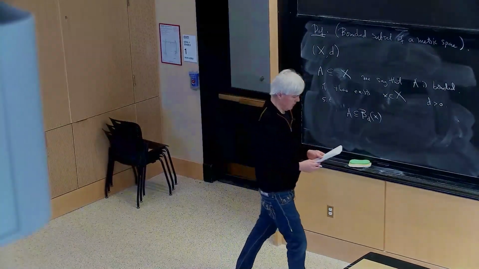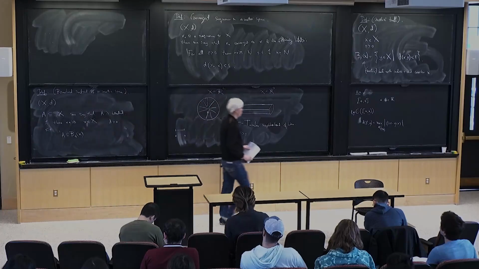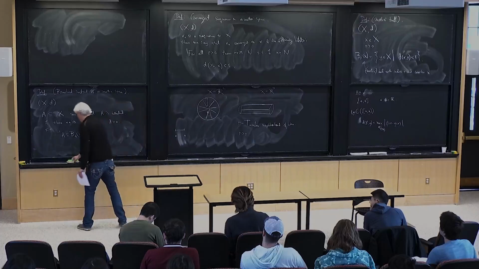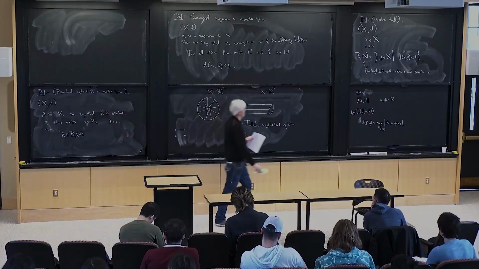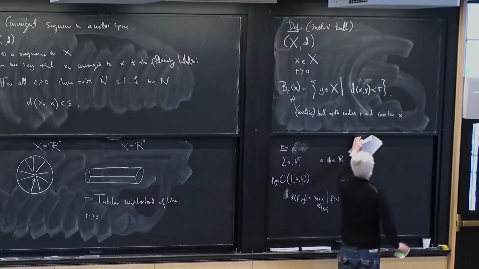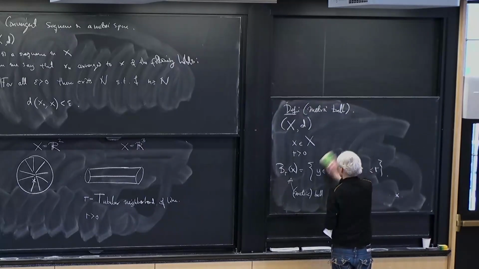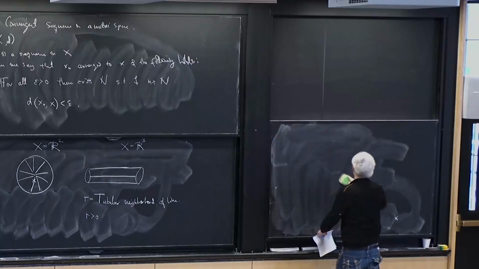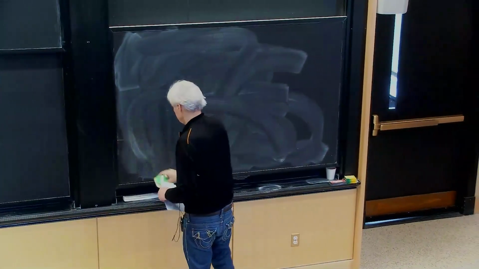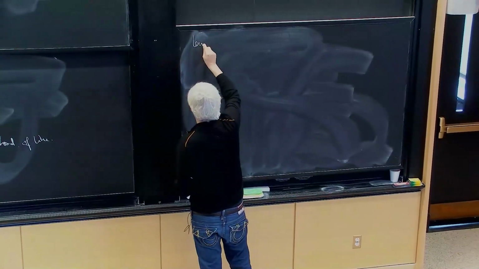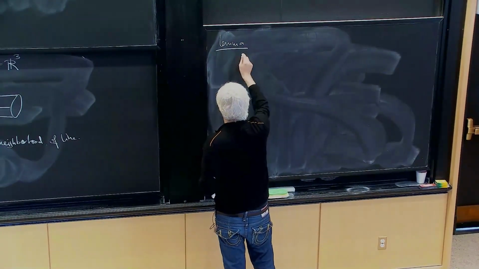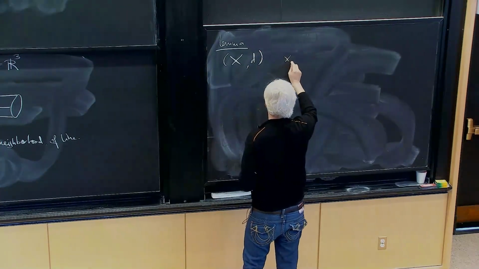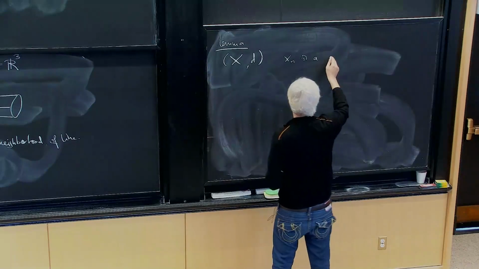Okay, so now let me just prove one little lemma, that is another thing that generalizes from R, and that is that any Cauchy sequence is bounded. So let's prove this. We have again a metric space, and x_n is a Cauchy sequence.